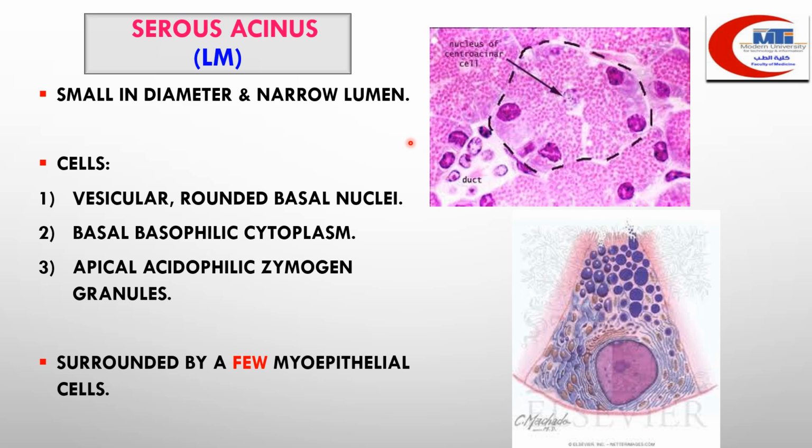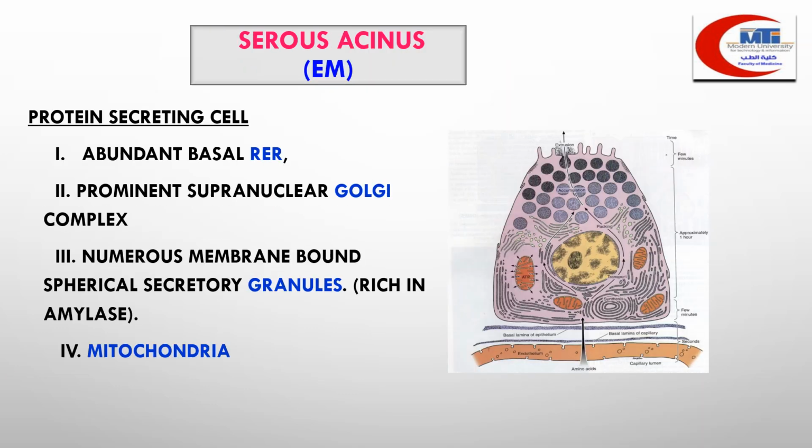The serous acini are surrounded by few myoepithelial cells. We will discuss myoepithelial cells later. By electron microscope, serous cells have the character of protein secreting cells.